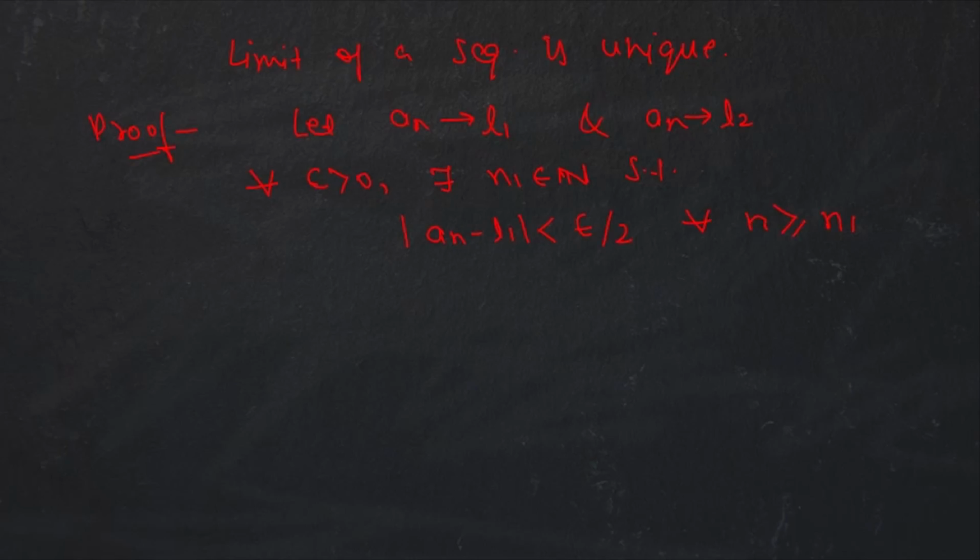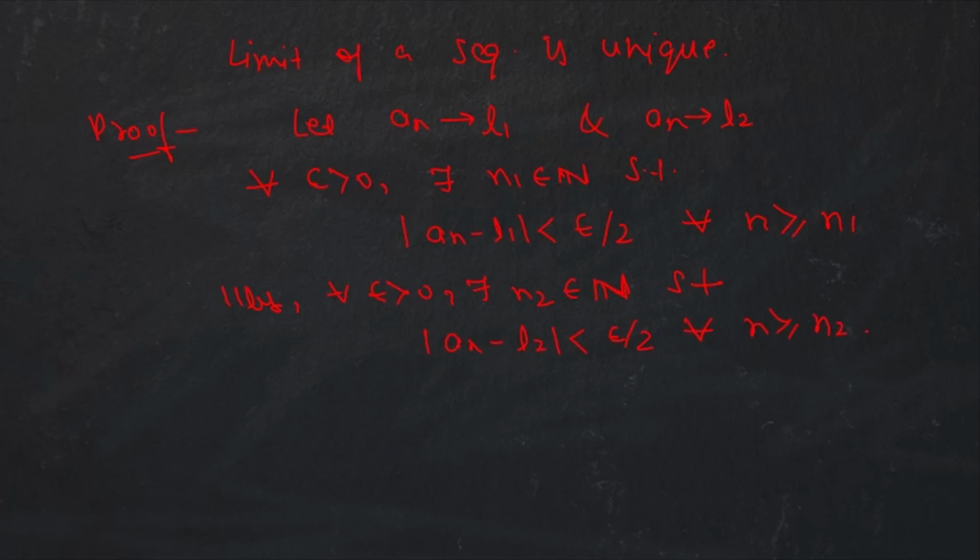Similarly, for every epsilon greater than 0 there exists n2 in the natural numbers such that |a_n - L2| is also less than epsilon/2 for all n greater than or equal to n2.